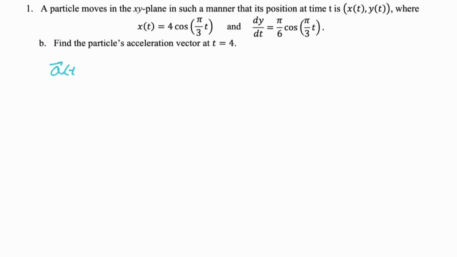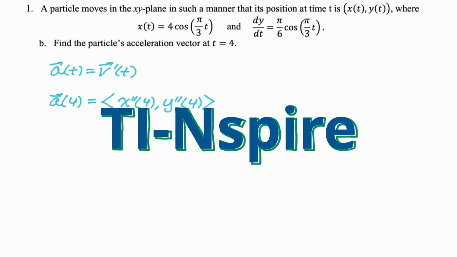So our acceleration vector will be v prime of t. And now we need to find this at 4, so I'm going to write that down. I'm going to say that a of 4 is going to be, in vector notation, x double prime of 4 comma y double prime of 4. And now what we need to do is switch back to the calculator to find this out. So take a look at that.